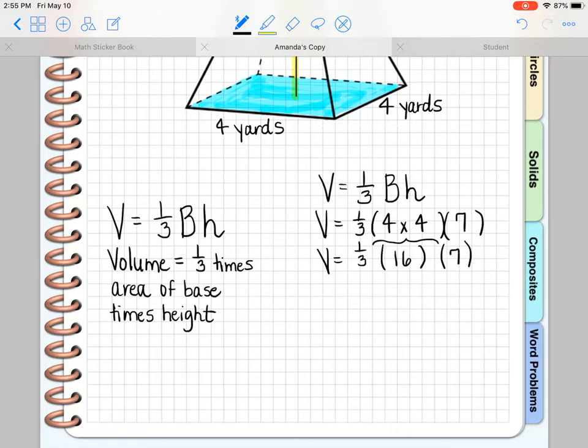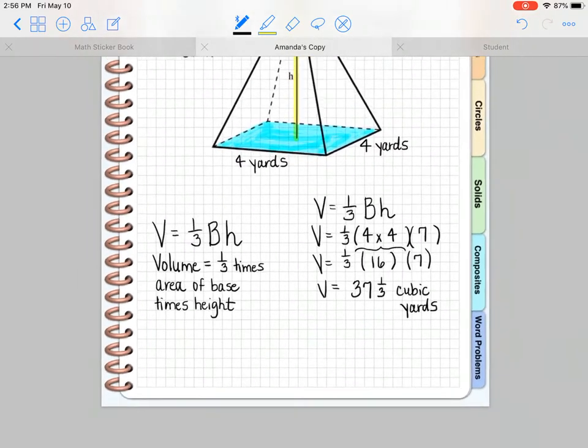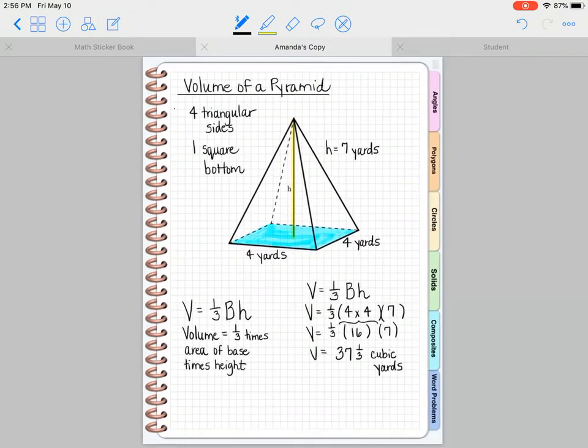But once I get it to this point, I definitely can do it on the calculator. You're going to say 1/3 times 16 times 7. And your Casio will give you a fraction answer. That's fine. And that's cubic yards. So it would take 37 1/3 of those little cubes to fill up this pyramid.